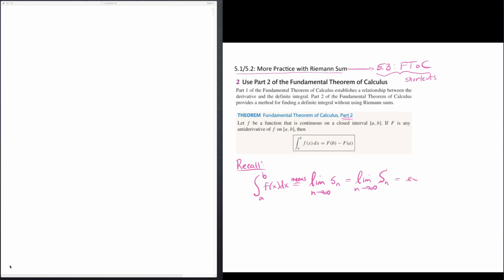And this has the interpretation of an exact area under the curve f of x, so long as that function is positive, on the interval from a to b.